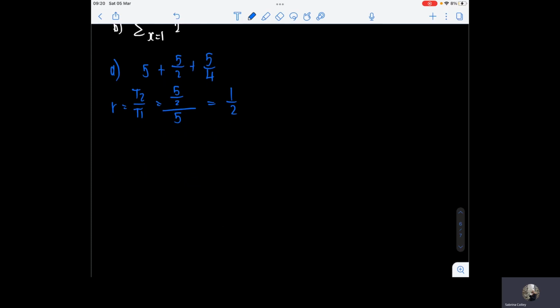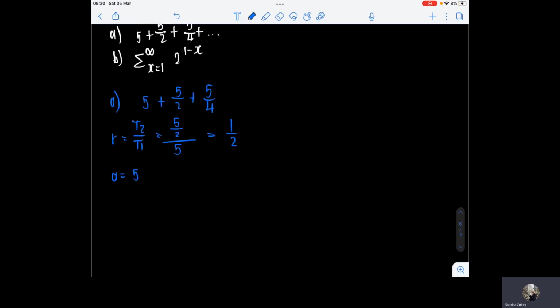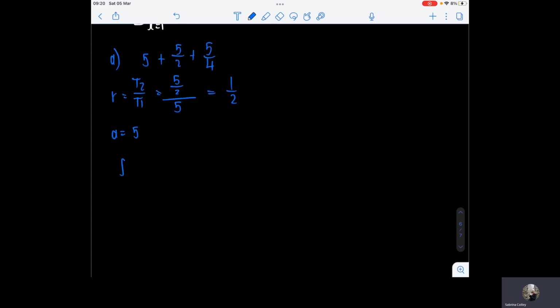So that's my r, and my a is equal to 5. Because my r is a half, I know it lies between -1 and 1, so it's going to be convergent. So I can use the sum to infinity because it's going to give me the sum of all the terms up into infinity, and it's going to converge to a certain number.